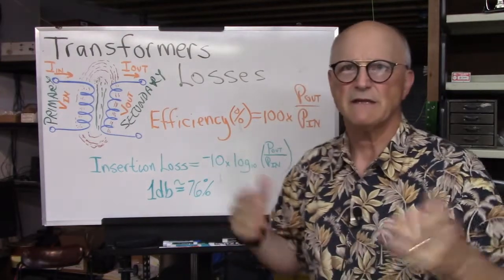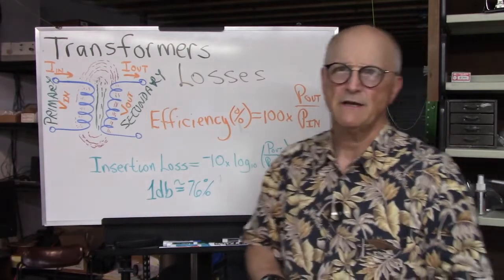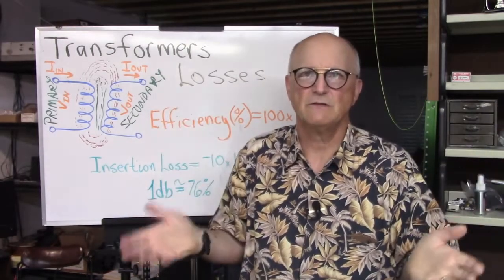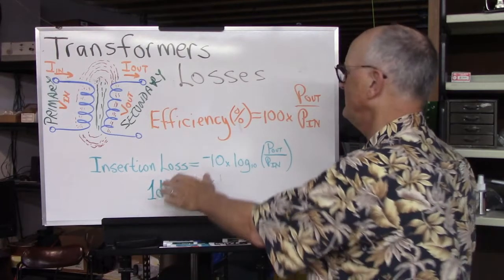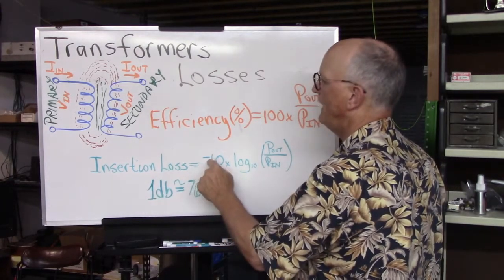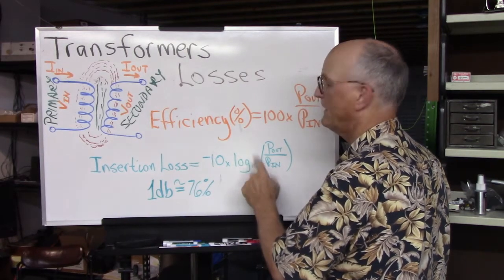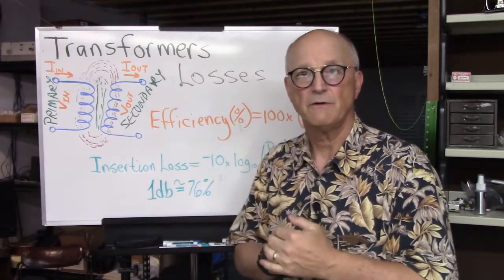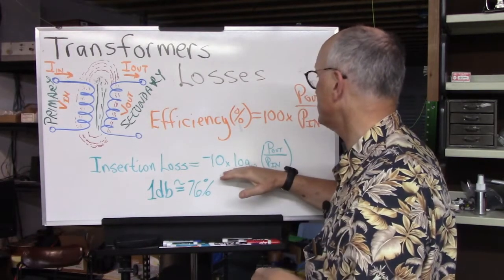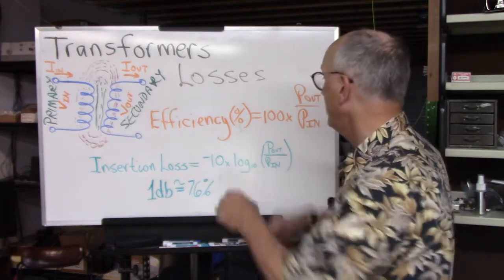Now sometimes they'll express this in terms of what's called insertion loss. In other words, the assumption is you're going to lose something. And this is in decibels. Now as a decibel, it would be defined as minus 10 times the logarithm to the base 10. Now that's what you would normally find on your scientific calculator when you see just the word log. We're not talking about cutting firewood here.